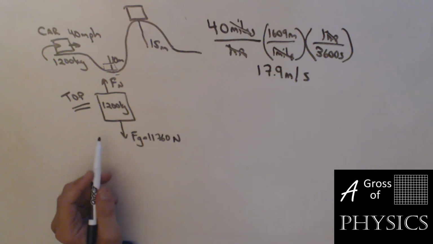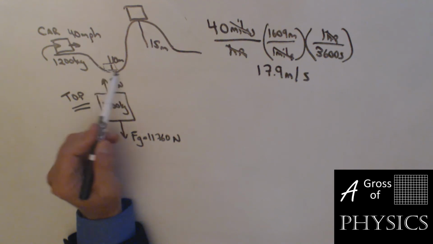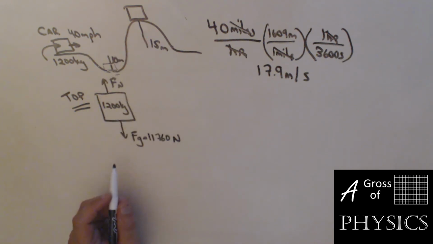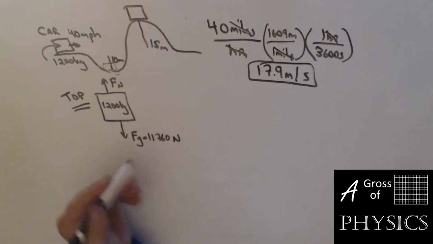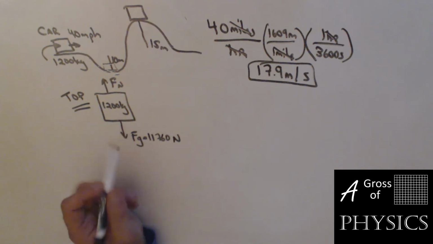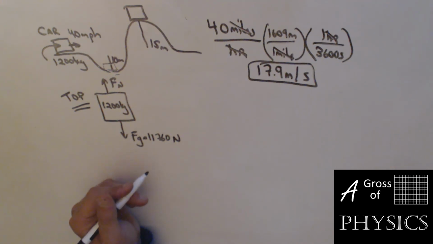As we revisit this problem, we're going to see that the car had a significant normal force at the bottom. In fact, it can't fly off the hill at the bottom of a valley. But then when we get to the hill, it was traveling way too fast, and 17.9 meters per second exceeded the speed that would keep it on the hill. So let's figure out what it would be to barely leave the hill, and then anything less than that will be safe.